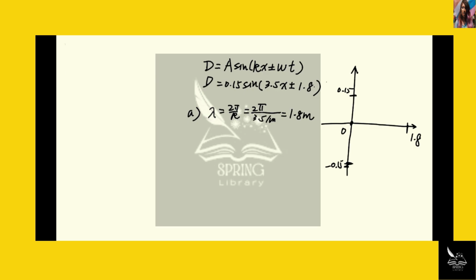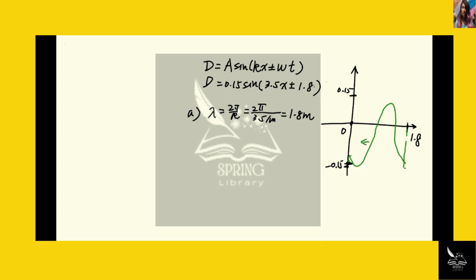If you have the calculator, you will see that the actual wave looks something like this. So this is for D2, which is the wave with the plus sign that is traveling to the left.